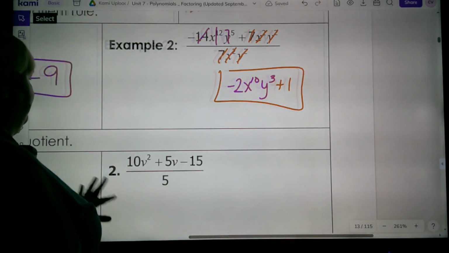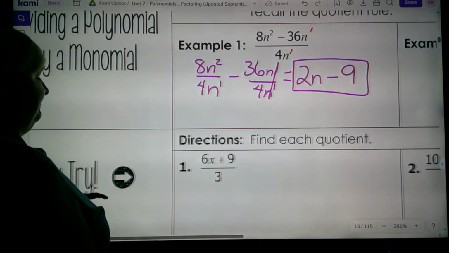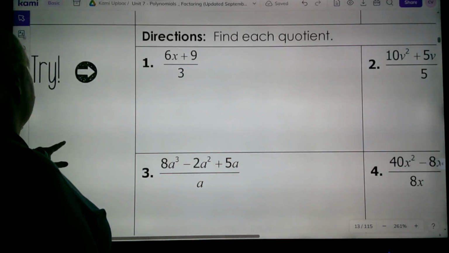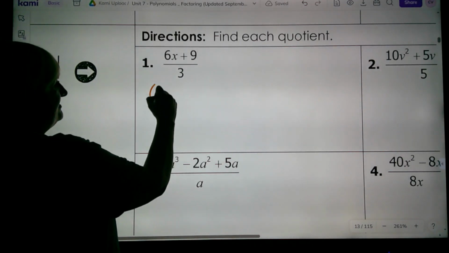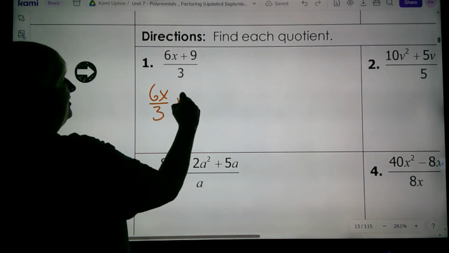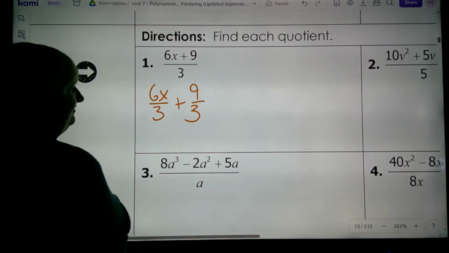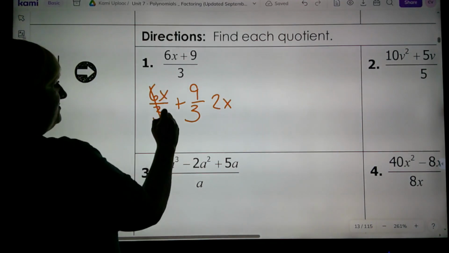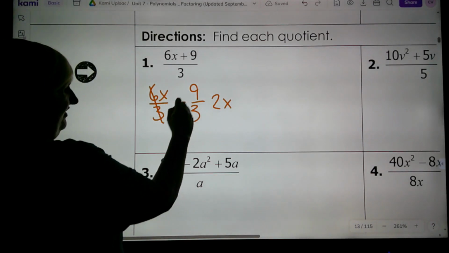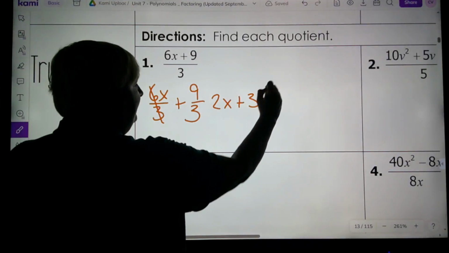All right, let's work a couple of the odds. Remember how I said I was going to do it both ways, so I'm going to separate it out. 6x divided by 3 plus 9 divided by 3. This is 2x, because there's no x here to cancel it, and 9 divided by 3 is 3.